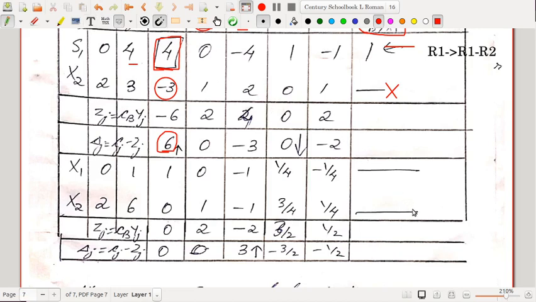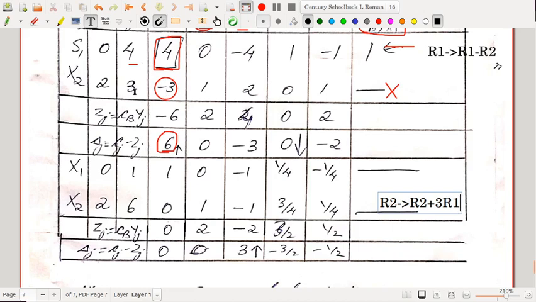R2 changes to R2 plus 3 times R1. So you can see this is just elementary row operations of matrices.